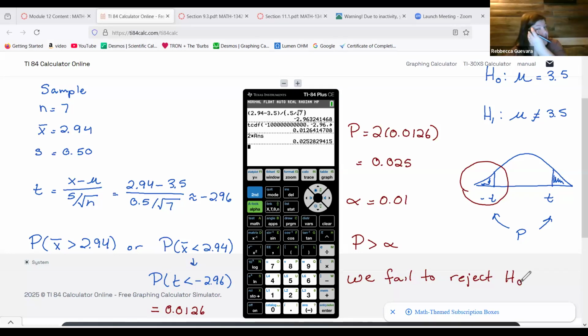the null hypothesis. So what we have is we don't have evidence that it's not working the same as the name brand.